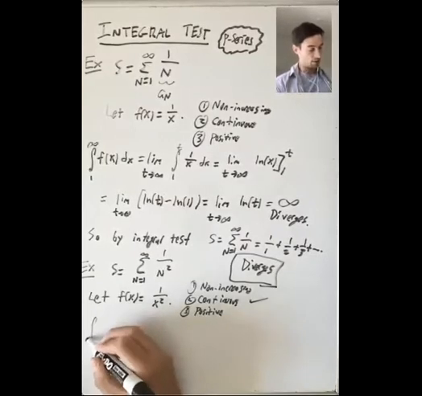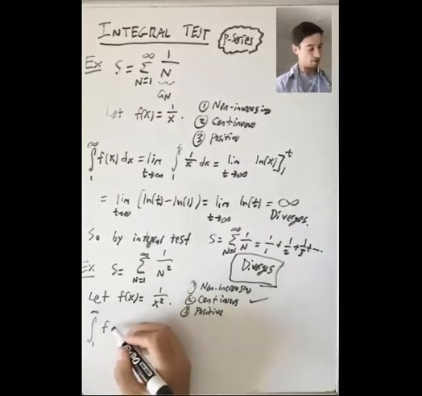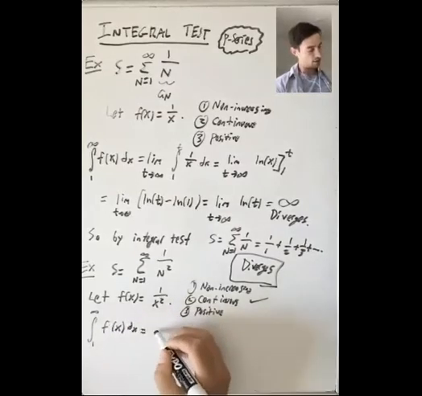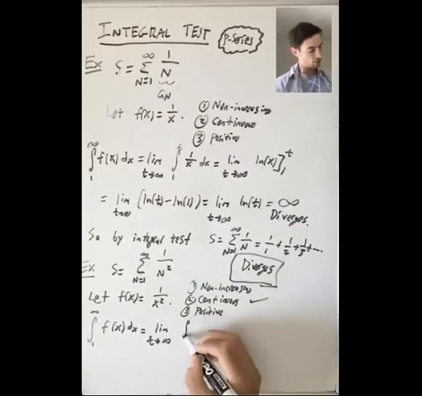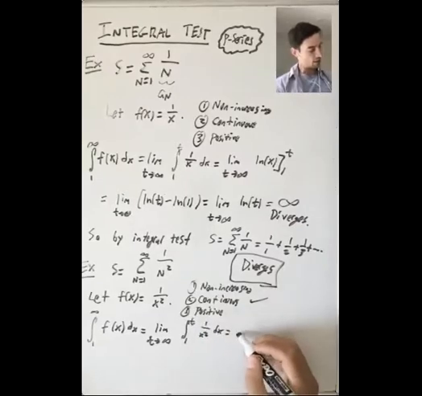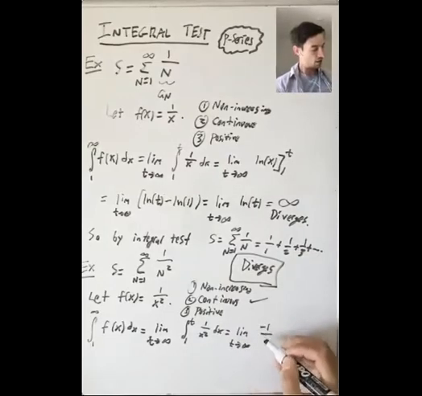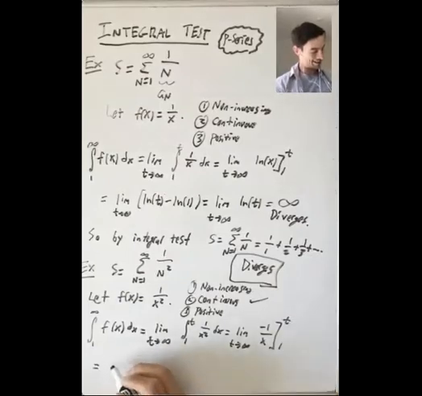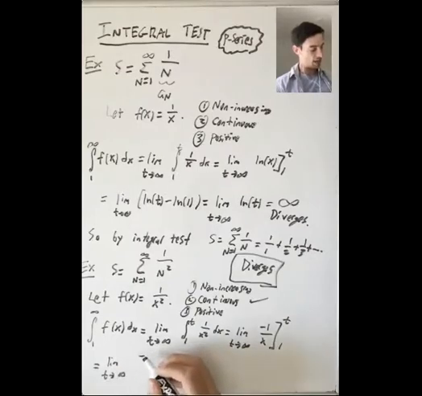Okay, so now we're going to look at the integral from 1 to infinity of f of x dx, which is the limit as t goes to infinity of the integral from 1 to t of 1 over x squared dx. And we know an antiderivative of this function: the limit as t goes to infinity of minus 1 over x at t and at 1, which is the limit as t goes to infinity of minus 1 over t minus minus 1 over 1.